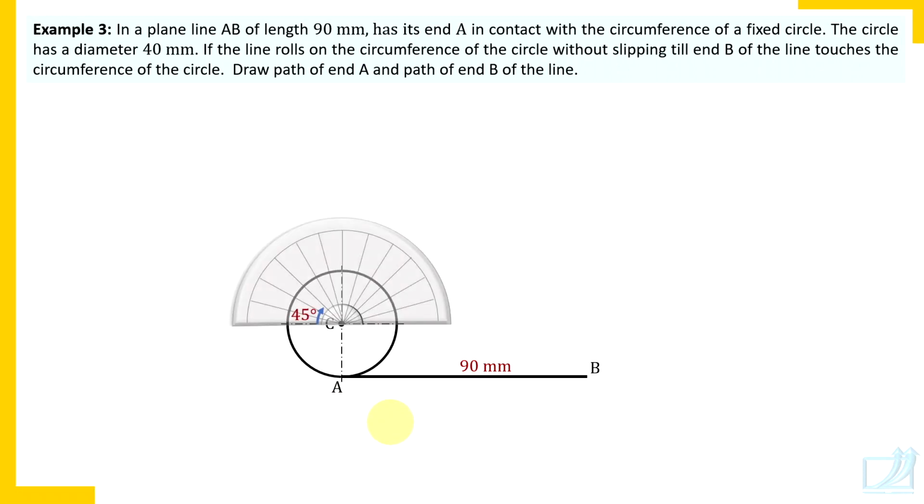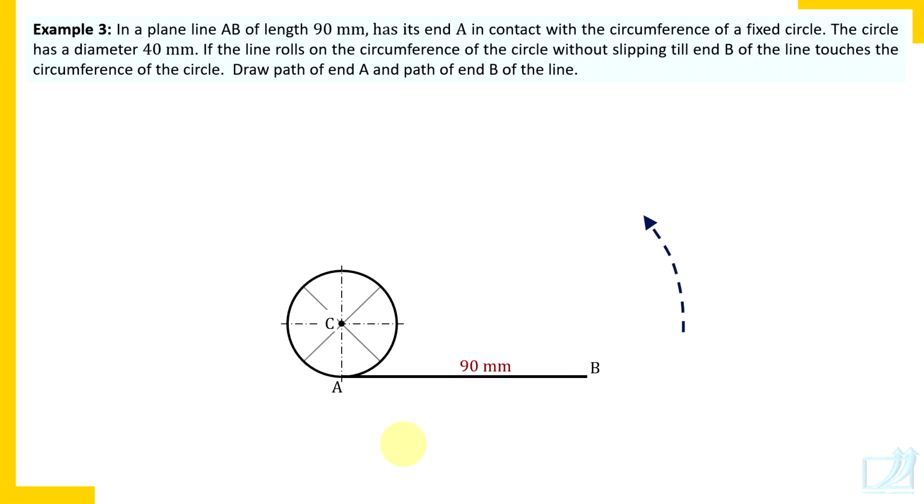Divide circle in 8 parts. Now for rolling action, rod AB, or this line AB, must move in anti-clockwise direction, and therefore in anti-clockwise direction number the points on the circle. So this is how we have numbered the points on the circle.